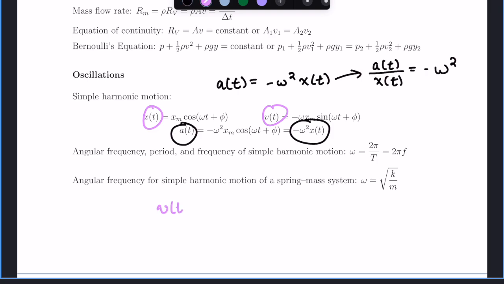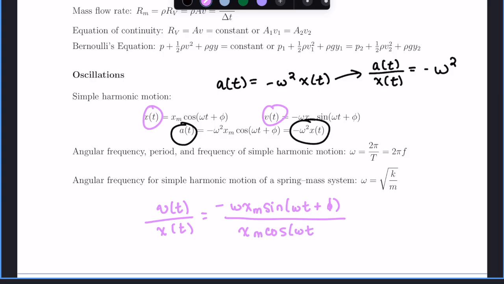So if we take the velocity at any time divided by the position at any time, and I substitute in the equations for both of those, I get those xm's canceling, and then I can pull out that negative omega, and I end up with a sine over cosine of the same thing.